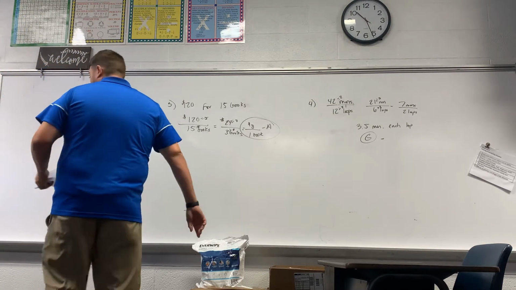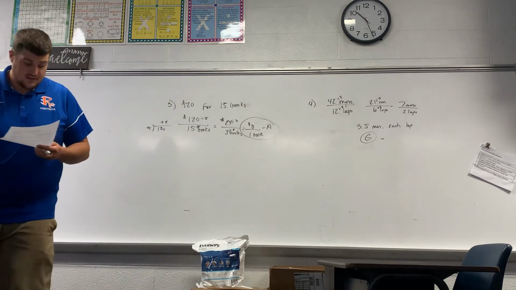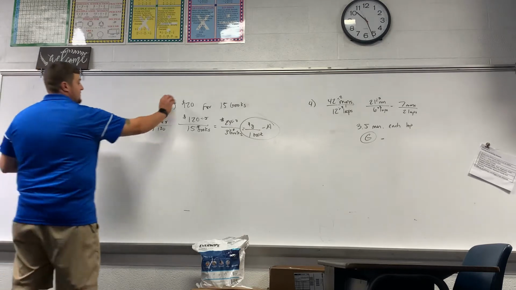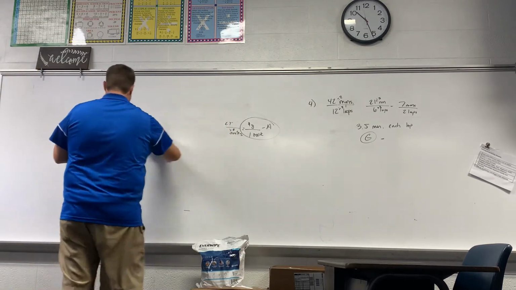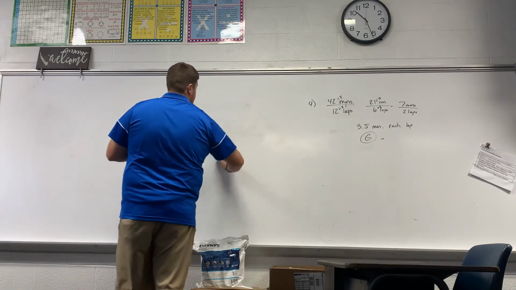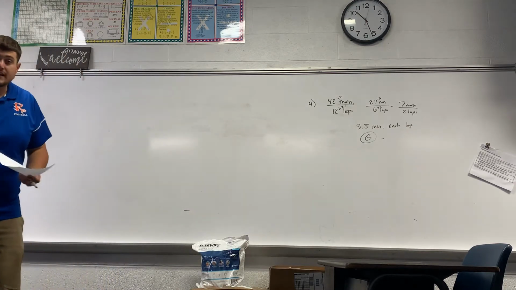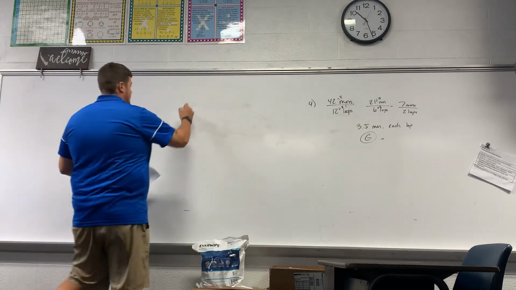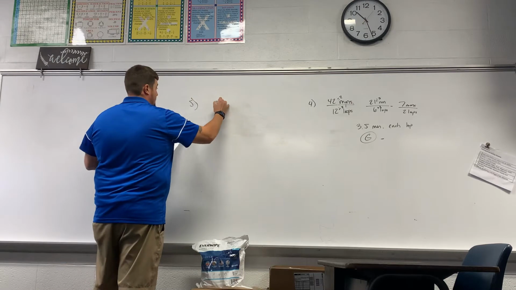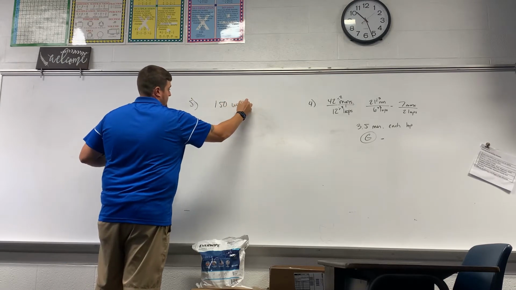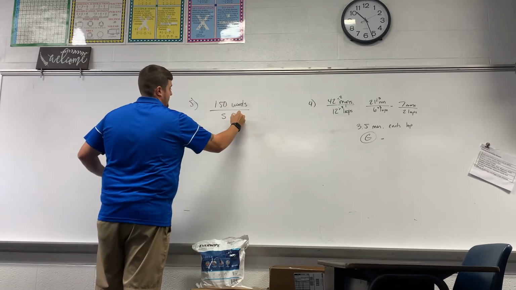So number 5, kind of the same thing. Julia can type 150 words in 5 minutes. At this rate, how many words can she type in 1 minute? If we're looking for 1 minute, we're trying to find a unit rate. So we have 150 words in 5 minutes.